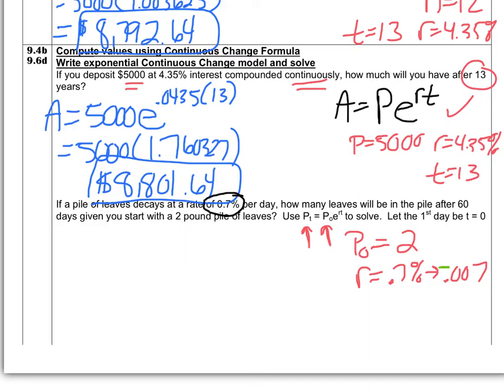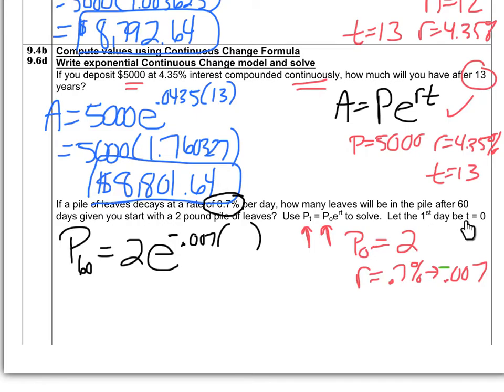So let's start by putting a few of those things in the formula, and then we'll get to the time period. So for the formula, P of T after 60 days is equal to, we start with 2 pounds, and then it's e to the negative 0.007. Now let's talk about what T would be. T can be a little tricky. Be careful.